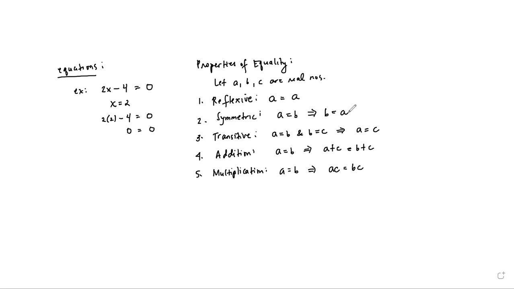Okay, now, let's move to the solution of linear equations. Now, an equation of the form ax plus b equals 0 is a linear equation in one variable x in standard form.